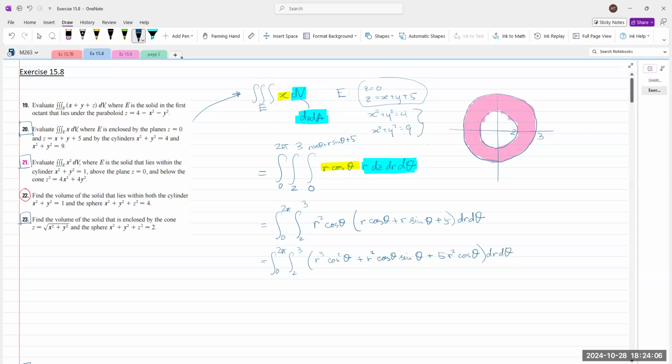Notice that each of them is actually separable, so I can integrate it this way.